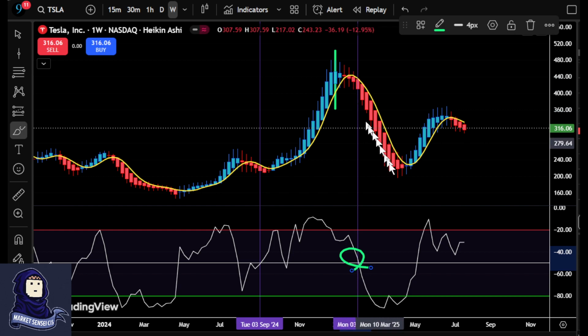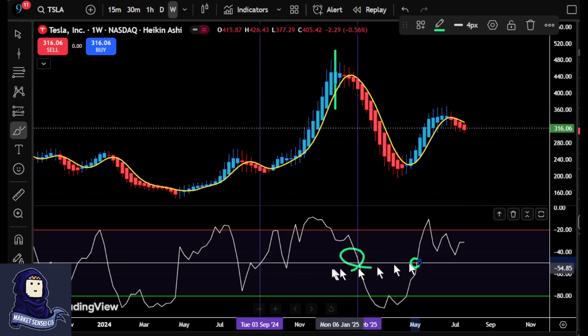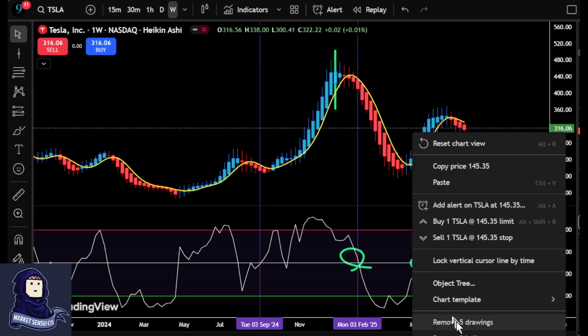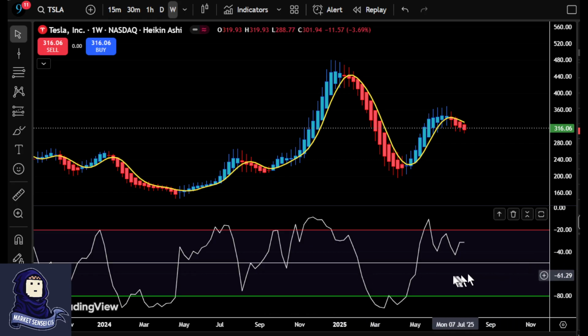If you exited here, this is another sign that there's strength heading towards this move upwards, but then it ended quickly here. So this is the 50 level of Larry Williams indicator.